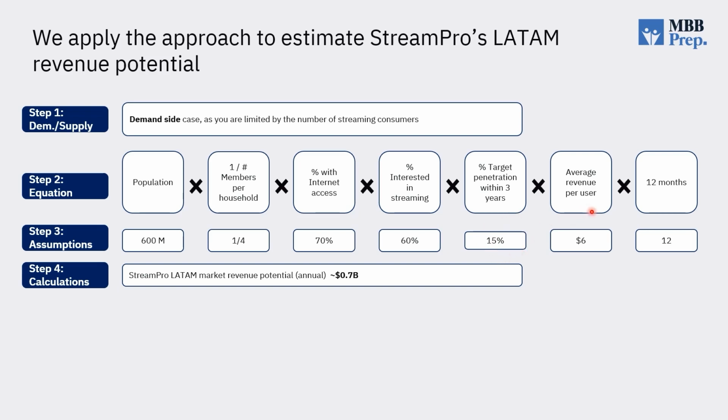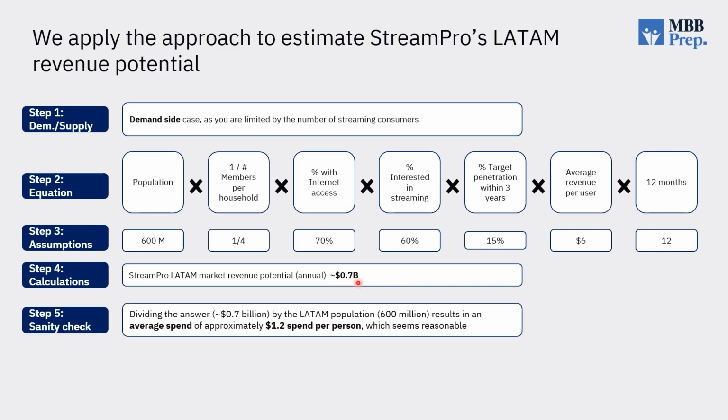I can round this up to 10 million. Multiply that by $6, so that gives me $60 million essentially. And then finally multiply that by 12, which is around $720 million, approximately $0.7 billion, right?